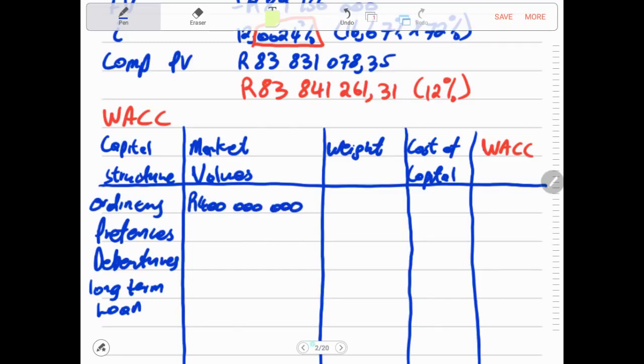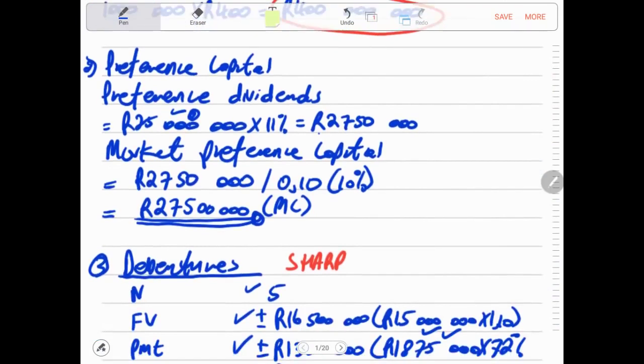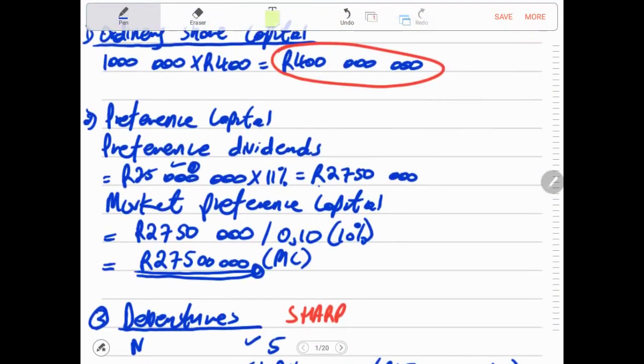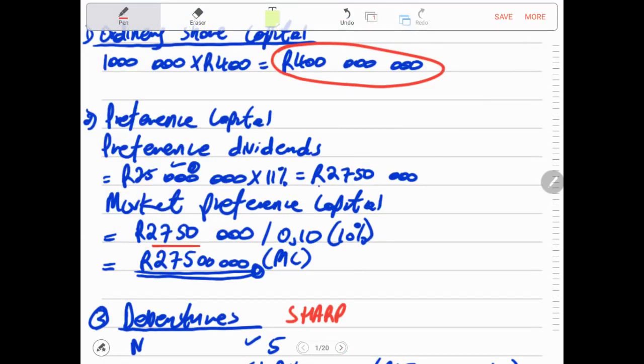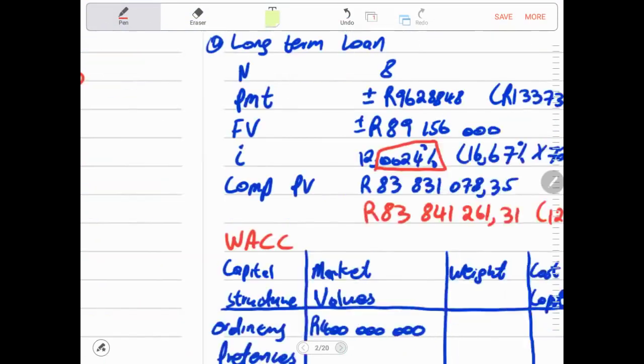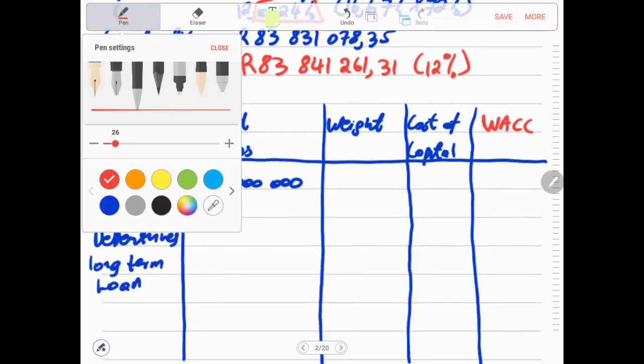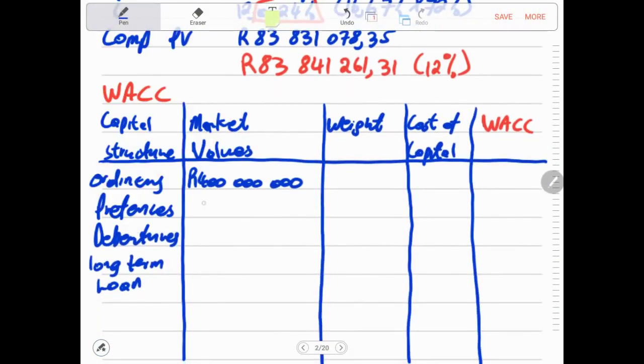Then the second financial instrument, which is preference, is calculated according to the market as 27,500,000 rands.